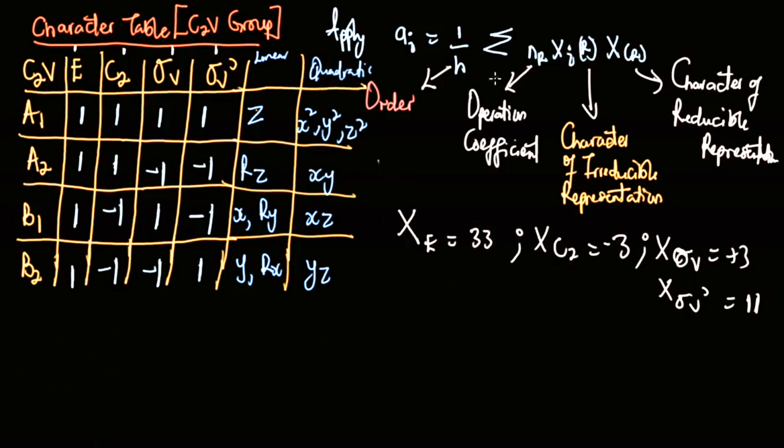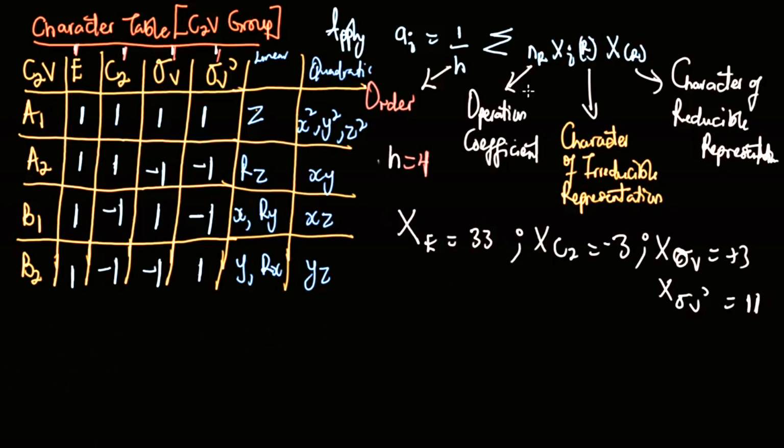So we're going to use this formula. This is A1; for A2 we use the same, for B1 we use the same, and for B2 we use the same. So H is the summation of the coefficients of the symmetry elements. The coefficient here is 1, 1, 1, and 1. So the summation of all the coefficients is 4. So the order is basically 4 here.